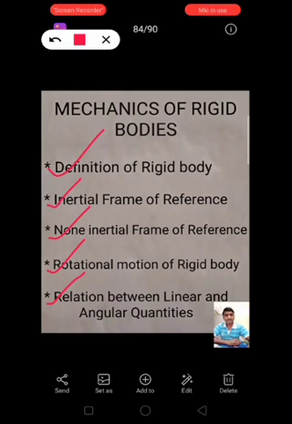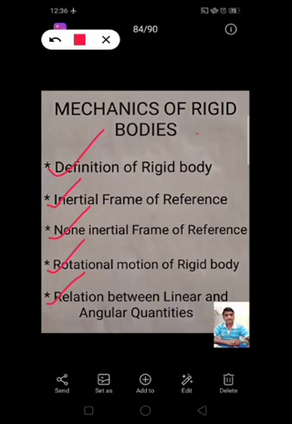And next, relationship between torque and angular momentum. Already we discussed about this in previous chapter.